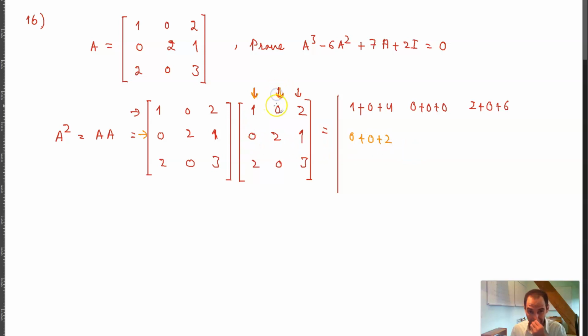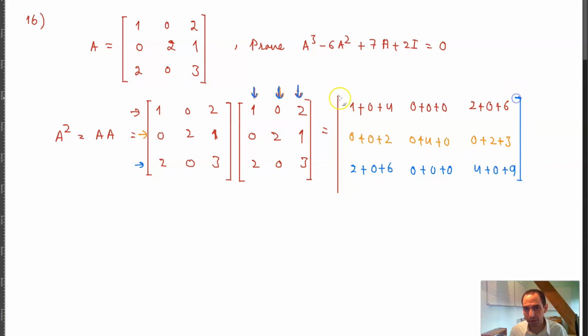This column gives me 0, 4, 0. This gives me 0, 2, 3. This row and this column gives me 2, 0, 6. This column gives me 0, 0, 0. This column gives me 4, 0, 9.